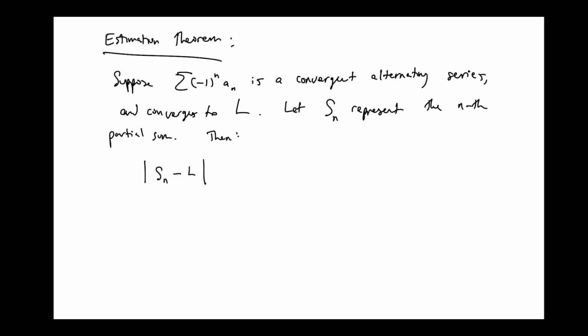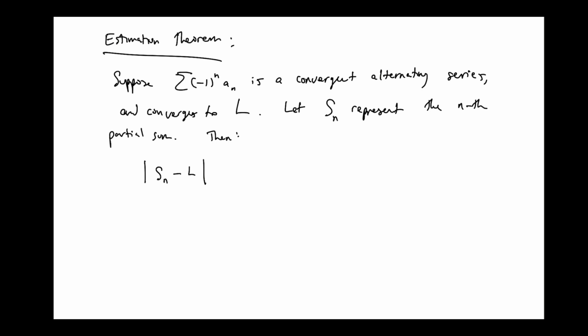When I say add, half the time I really mean subtract because my sequence is flipping plus minus plus minus plus minus. So half the time adding is really subtracting. We're still talking alternating series.